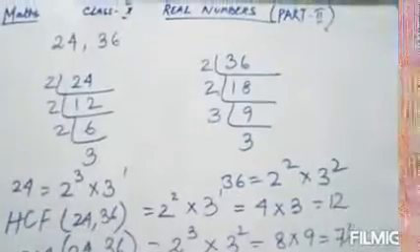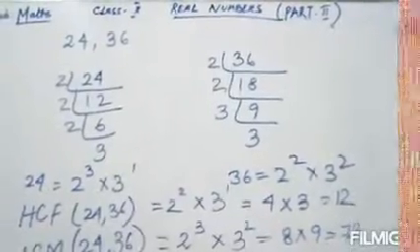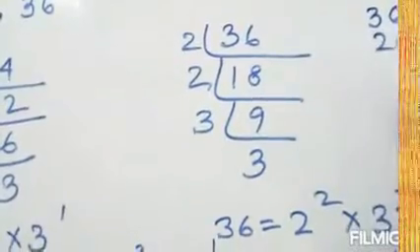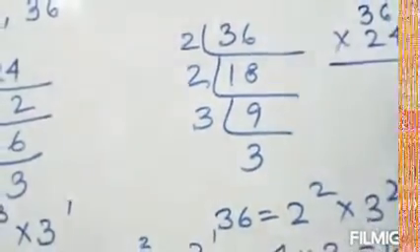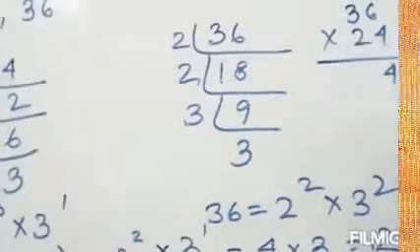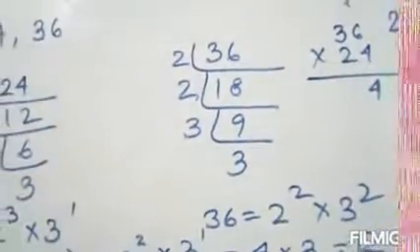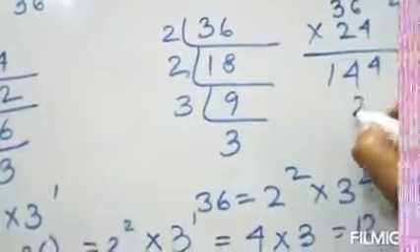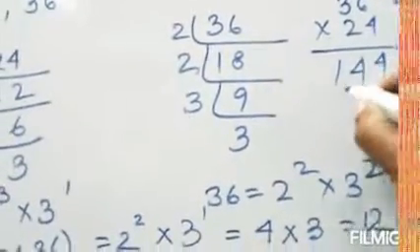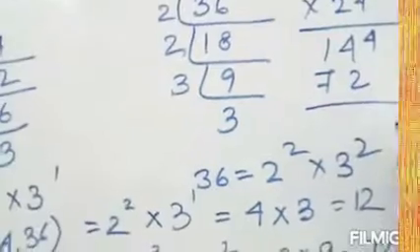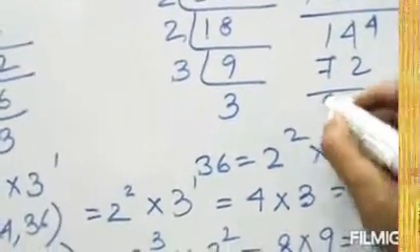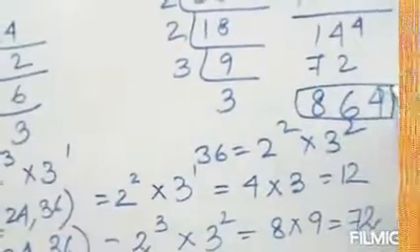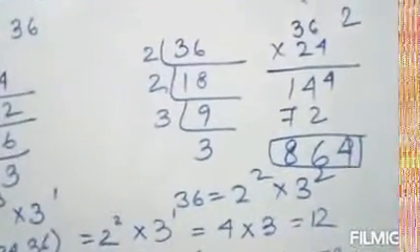Now let us multiply these two numbers, 36 and 24. What will it come to? 864, right? 864 is our answer if we multiply these two.